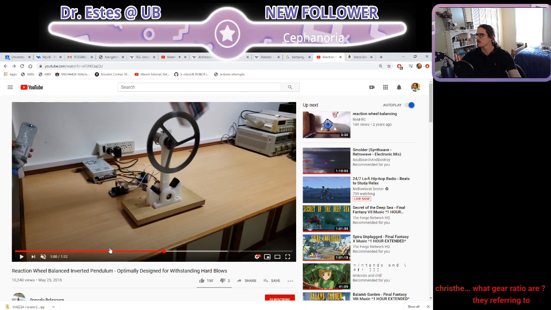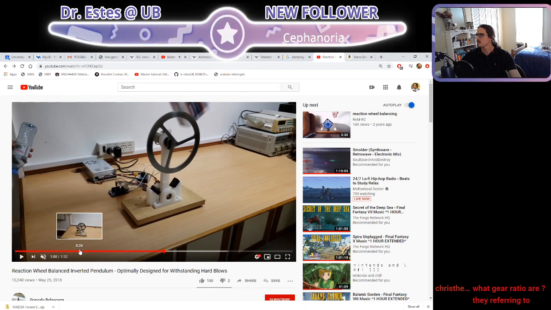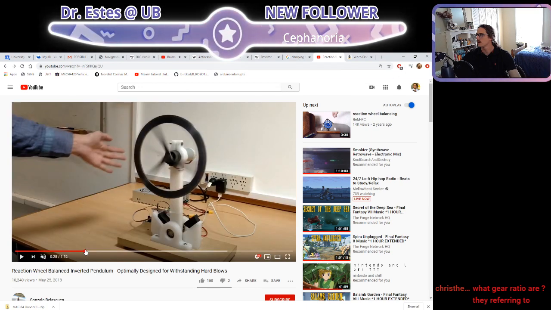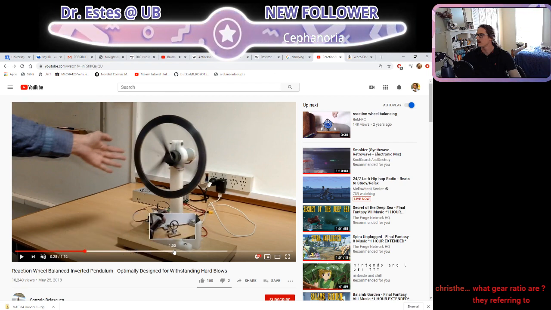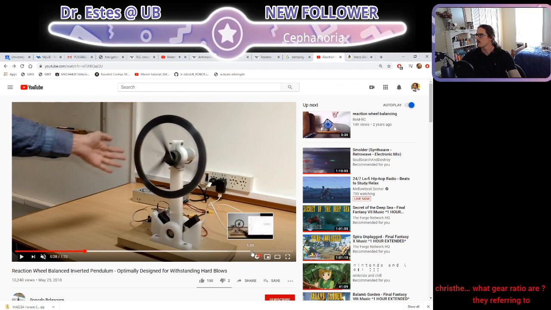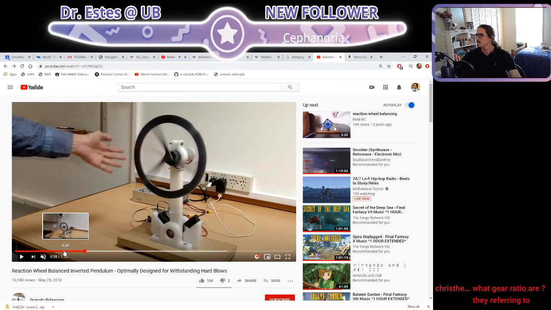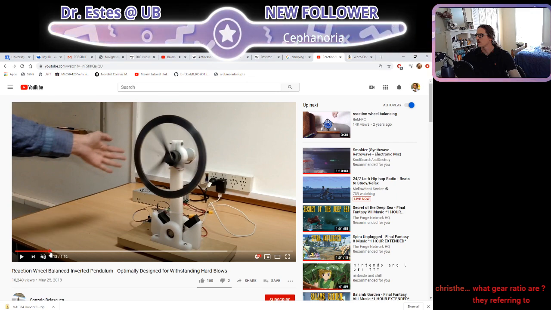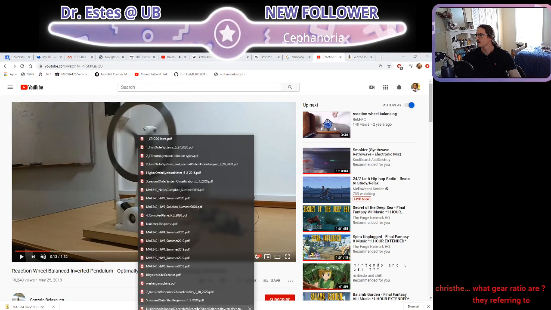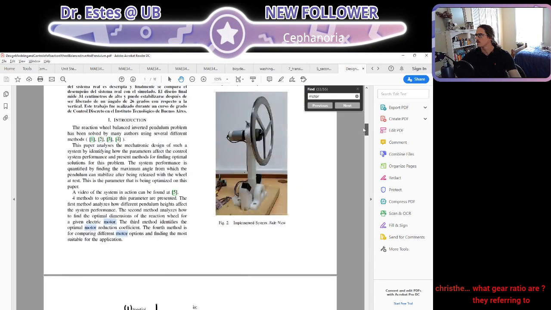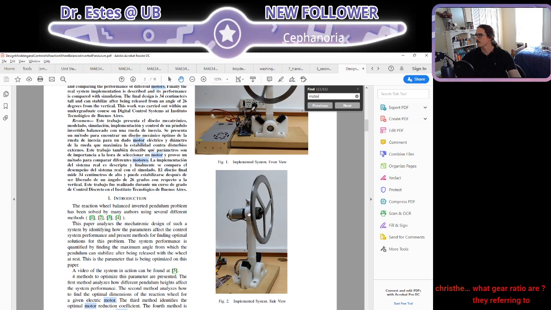Like if you look, yeah, I think there's a gearbox. Here's the motor shaft in there, and then I think there's a gearbox over here.